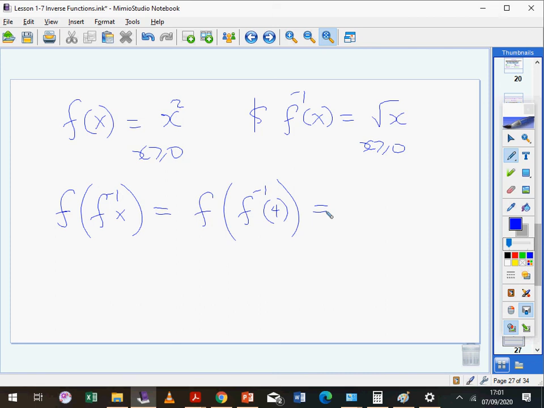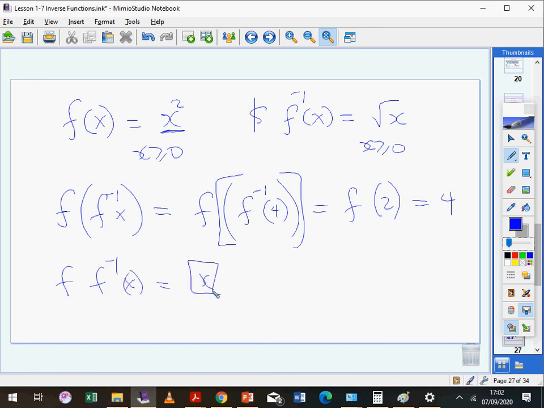Because remember, I start with the inside part. That's going to be 2. And what's the f of 2? F of 2 is take 2 and square it, I get 4. I hope you can see that if two functions are inverses, then f of f inverse of x should just equal x.